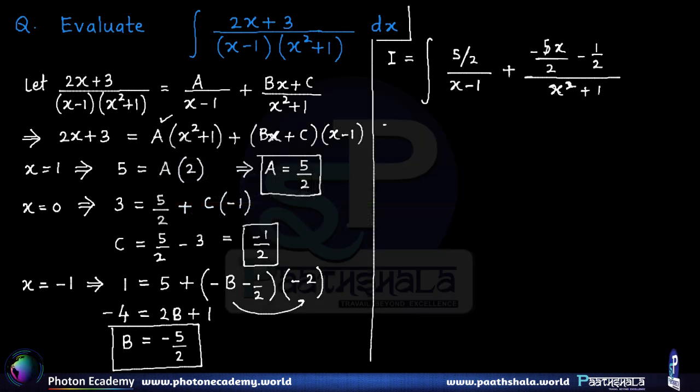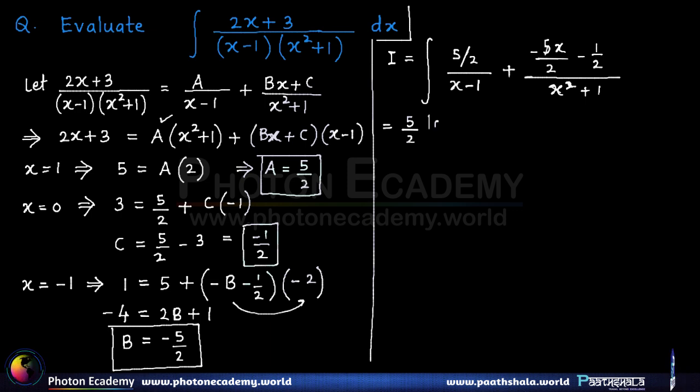Now to solve this, the first integral is straightforward, that will be 5 by 2 into, now the integral of 1 upon x minus 1 is log of x minus 1.